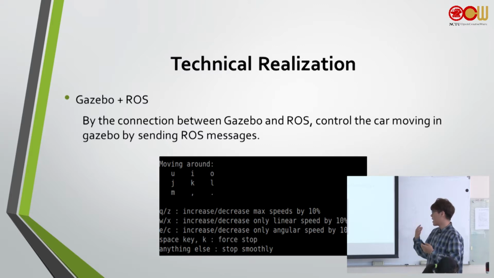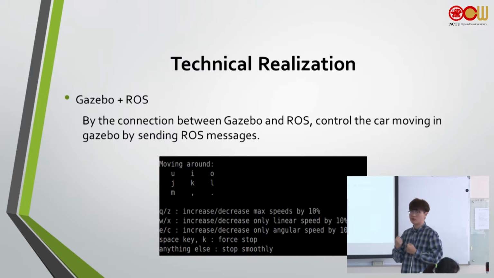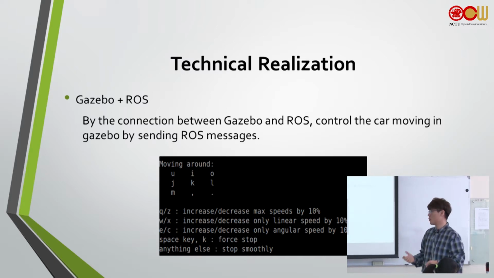And for this part, I want to make a system where I can use our joystick in the real world, connected to our laptop, so that we can use the joystick to control the car driving in the virtual world. There's already a setup that uses the laptop's keyboard to control the car in the virtual world. And I hope to change this into the real world by using the joystick.